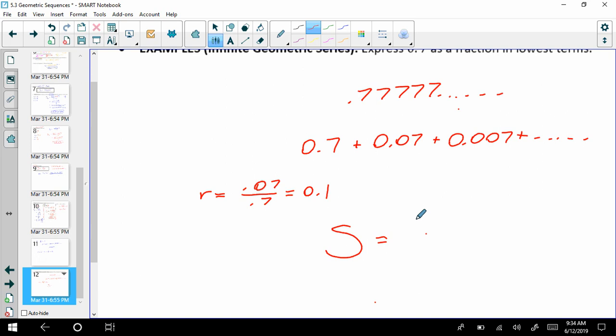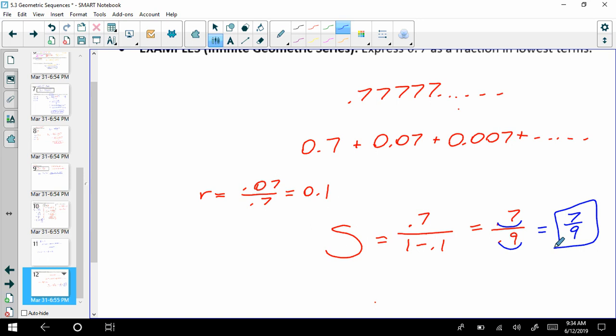I would get my starting term, 0.7, over 1 minus r, which is 0.1. 1 minus 0.1 is 0.9. To write this as a fraction, if I move the decimal over 1, I have to do it to the bottom. This fraction is 7 over 9.